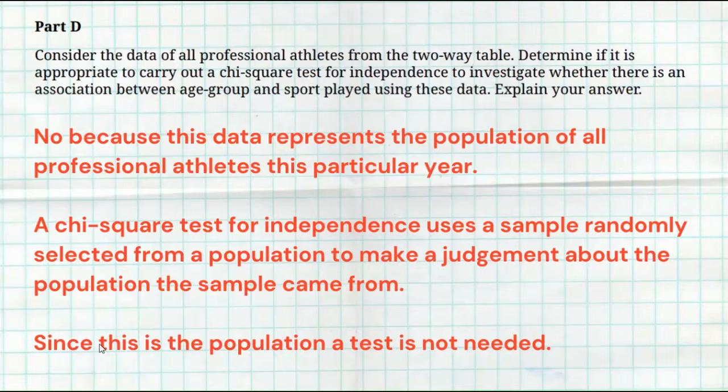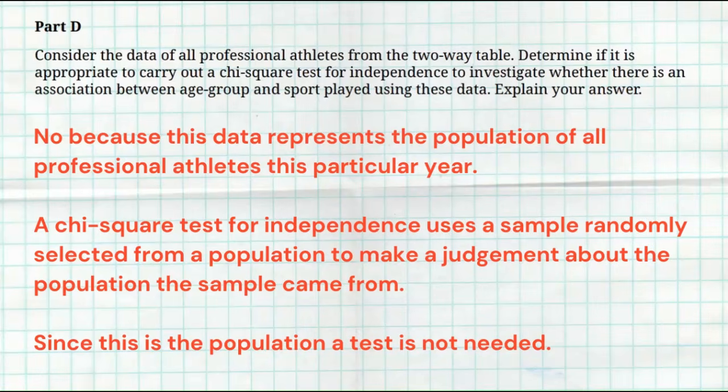And well, this was not a sample. This was the entire population. So when you have information about the entire population, a test is not needed because you have the parameters. All of these numbers that we've been working with in the previous parts, A, B, and C, those are parameters. Those are not sample proportions. Those are not p-hats. Those are real probabilities, real population parameters.